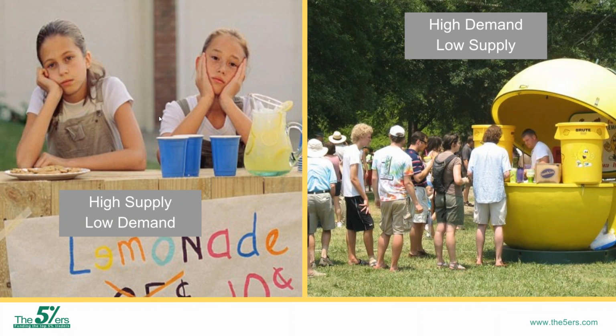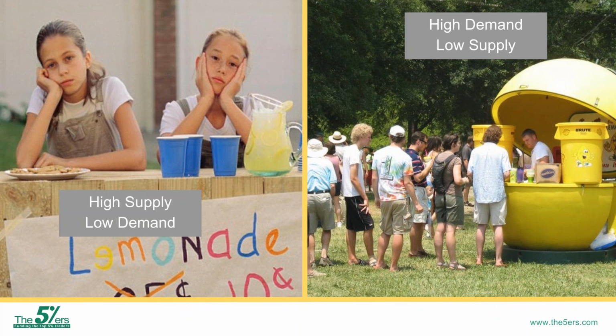If these two girls don't have any line standing in front of them, and they don't want to lose the effort they made creating this lemonade, they will probably change their price to be lower until they find somebody willing to buy their lemonade.